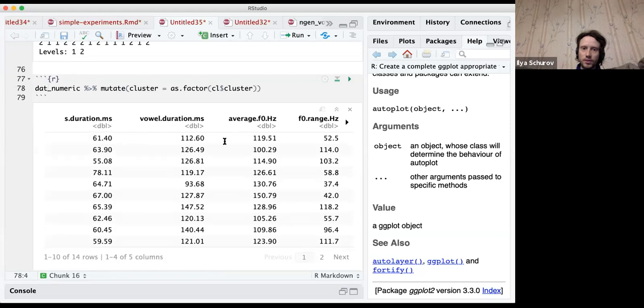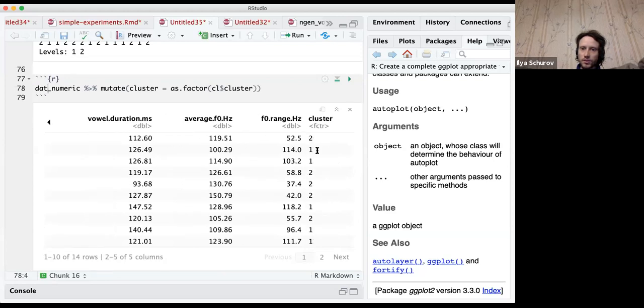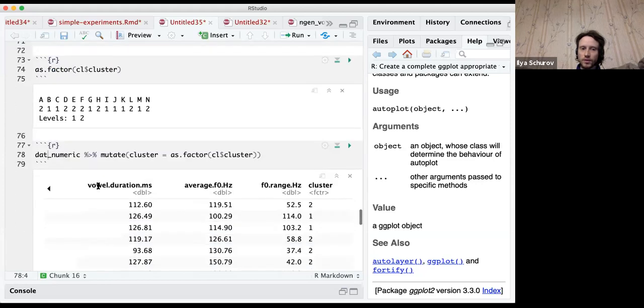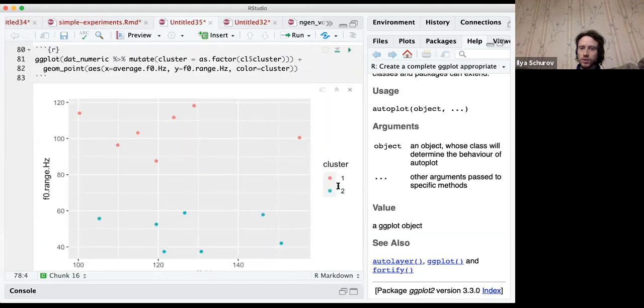For example, this is my first row, and it is assigned to cluster number 2, and this is cluster number 1, and so on. And here, the same values of clusters. And here I just use these cluster numbers as a way to distinguish my points using color. And so I get this picture.